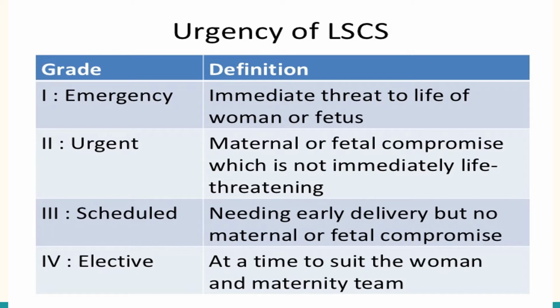Category 2 is urgent, that is maternal or fetal compromise which is not immediately life threatening, but should be performed within 75 minutes. Category 3 is the scheduled cesarean section, wherein early delivery is needed but there is no maternal or fetal compromise. And category 4 is elective C-section, which is done at a time to suit the woman and the maternity team.